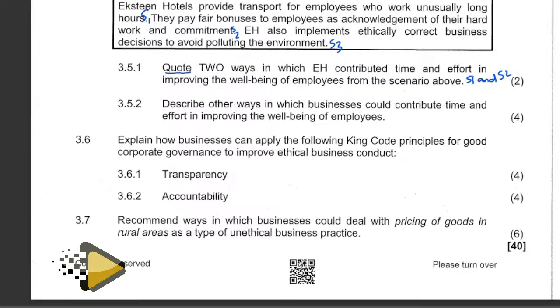So now we're saying that here, introduce the concept of mindfulness to the employee.